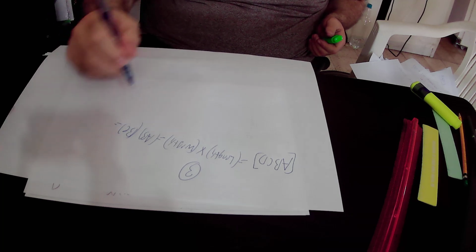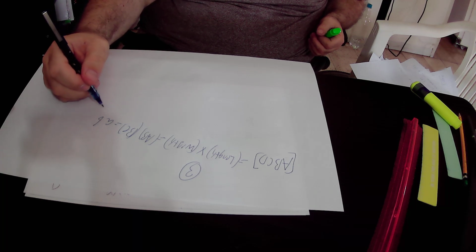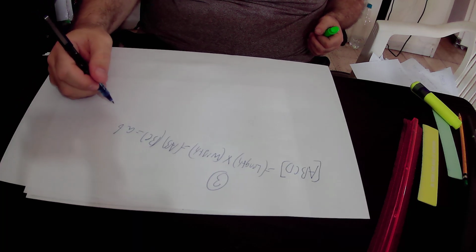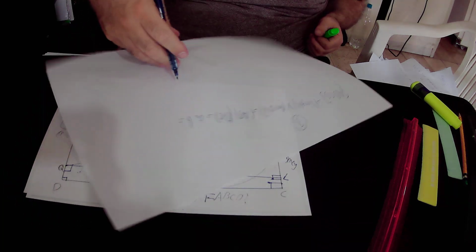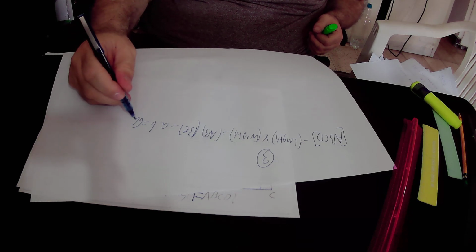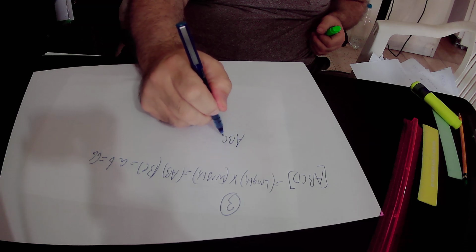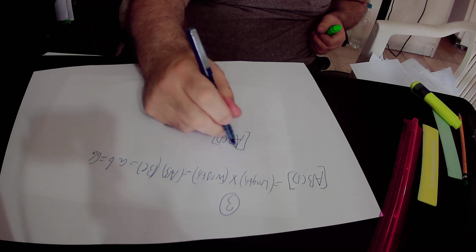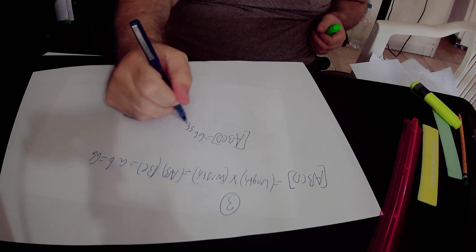But according to our definition, AB equals A and BC equals B, so the area of rectangle ABCD equals A times B, and we just found out that A times B equals 66. In conclusion, the area of rectangle ABCD is equal to 66 square units.